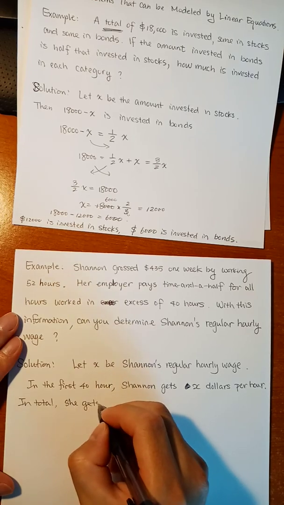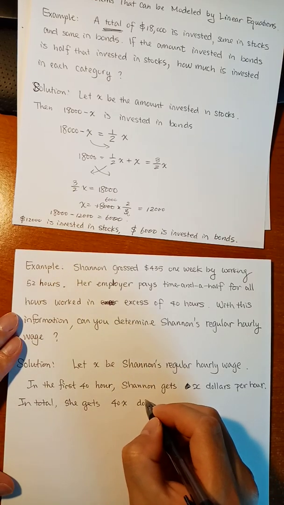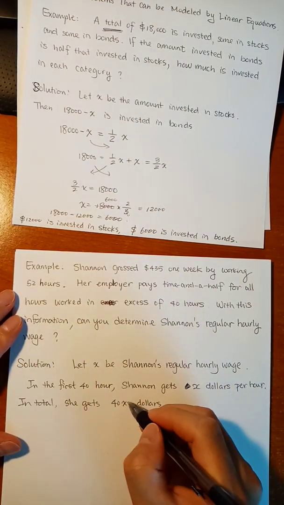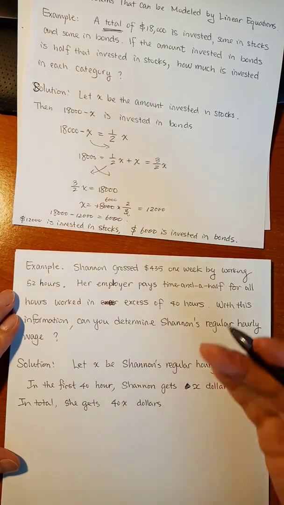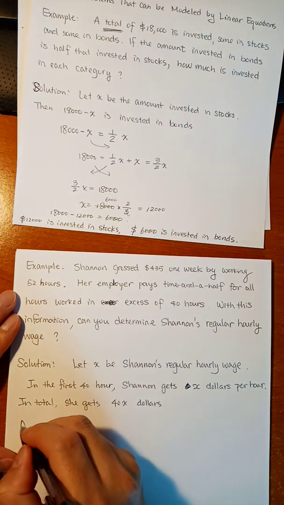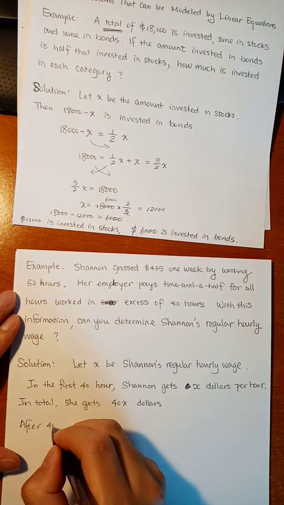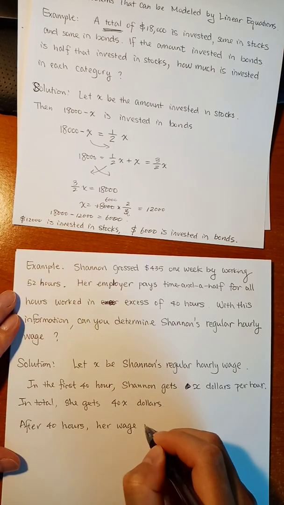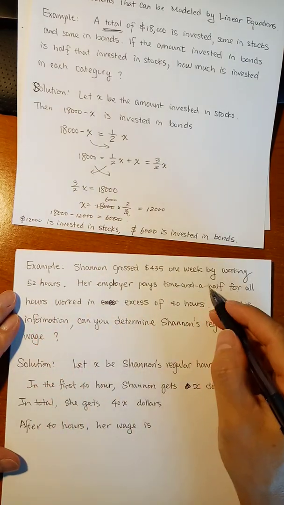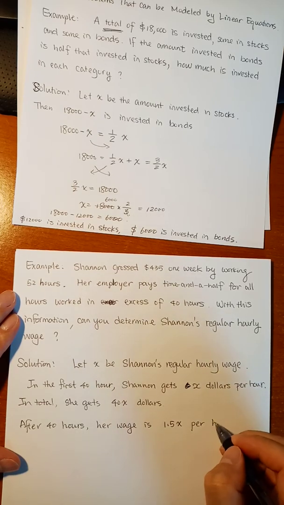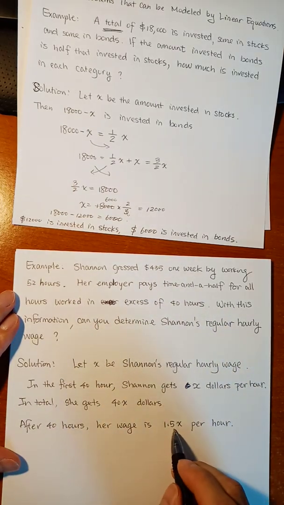So in total, she gets 40X dollars. Now after 40 hours, so you see here, totally she works 52 hours. After 40 hours, her wage is a time and a half, so it's 1.5x per hour, right? Time and a half.